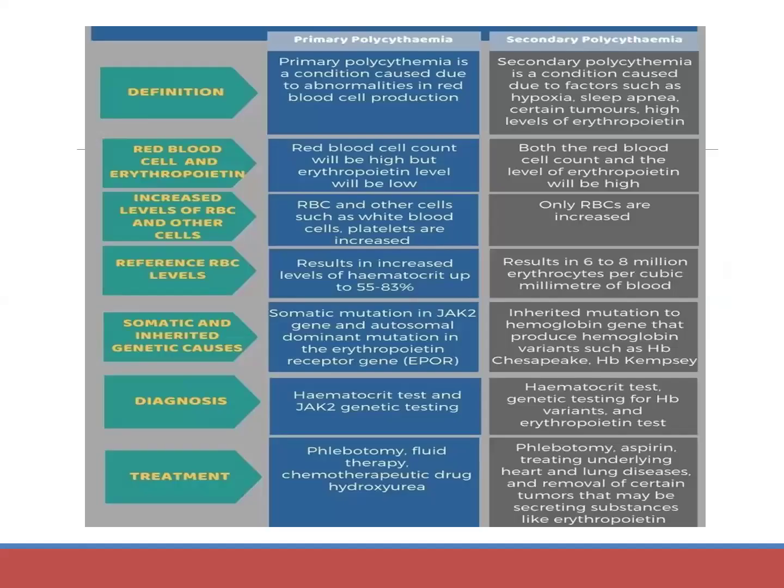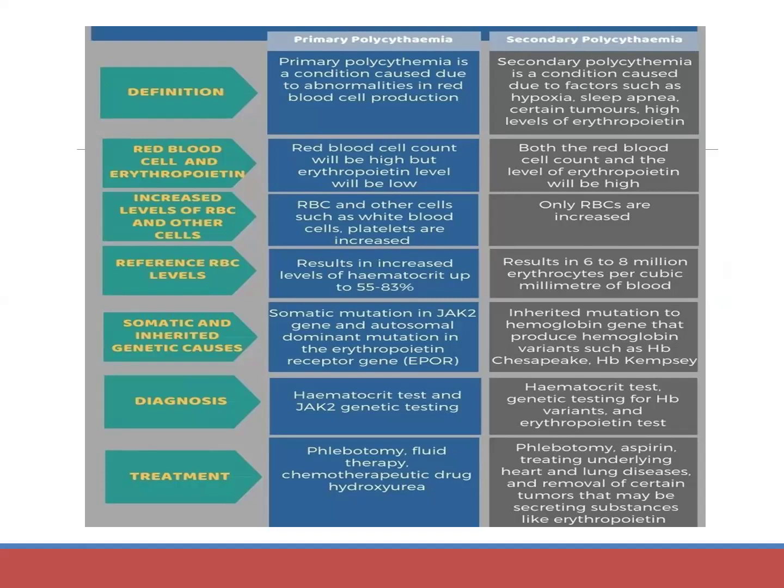This is a table. You can see the differences between primary and secondary polycythemia. Primary polycythemia is basically a condition due to abnormalities in red blood cell production, while secondary polycythemia is a condition that is caused by factors like hypoxia, sleep apnea, and tumors, and there are high levels of erythropoietin in secondary polycythemia.